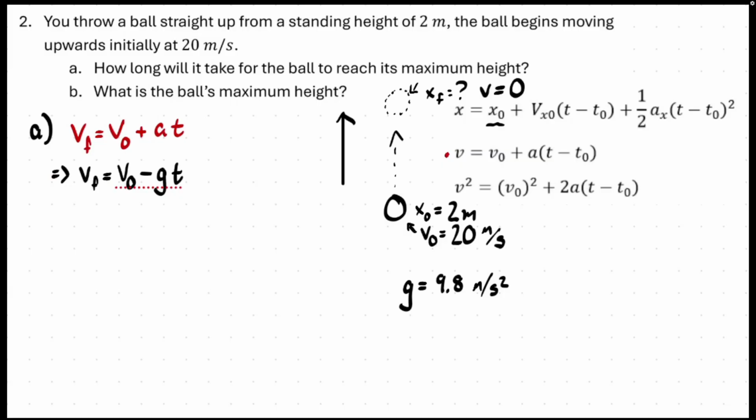Things are only moving up or moving down. And since velocity and acceleration are both vectors, we have to have a sign convention. So one of these has to be positive and one of these has to be negative. Just for the sake of simplicity, and I feel like it's most intuitive, we're going to say that the positive direction is going to be the upwards direction, and the negative direction is going to be the downward direction.